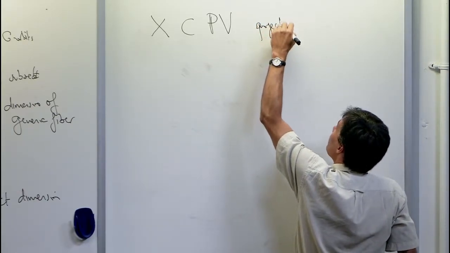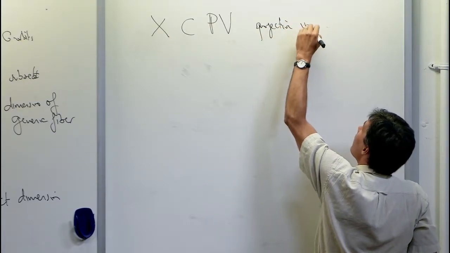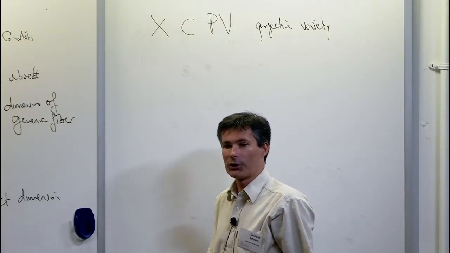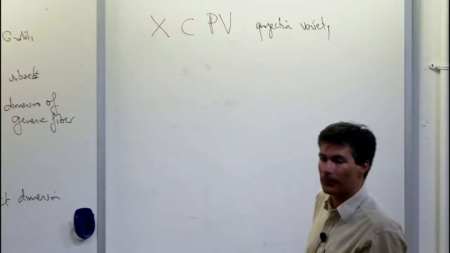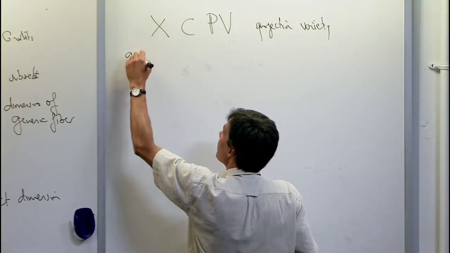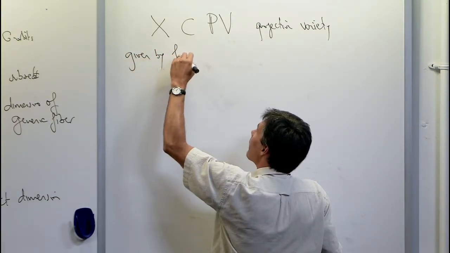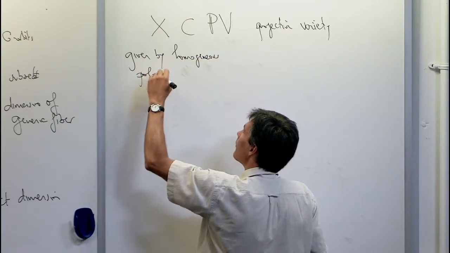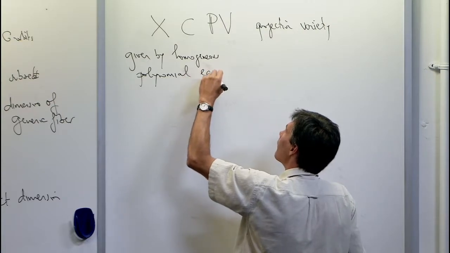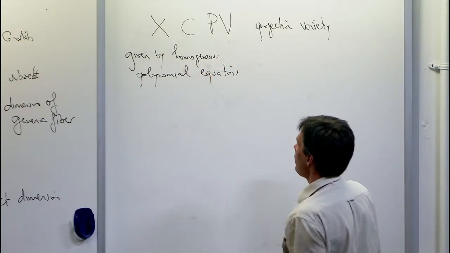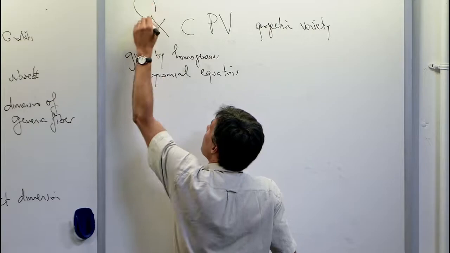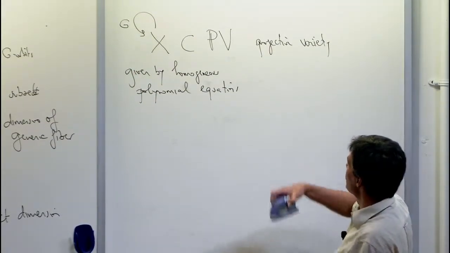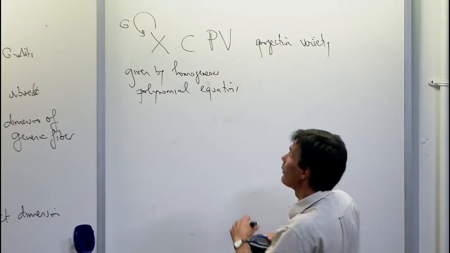The difference is that we are in some projective space, and our variety is given by still polynomial equations, but which are homogeneous polynomial equations. And we suppose that we have an action of a reductive group G on X. And this action comes from a linear action on V.